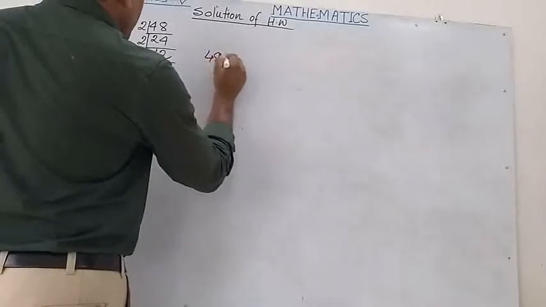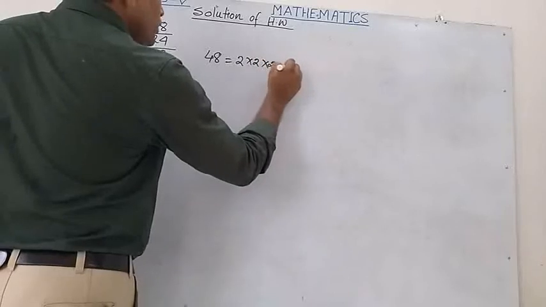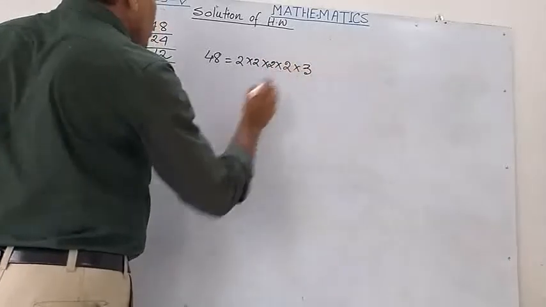So 48 can be written as 2 into 2 into 2 into 2 into 3.